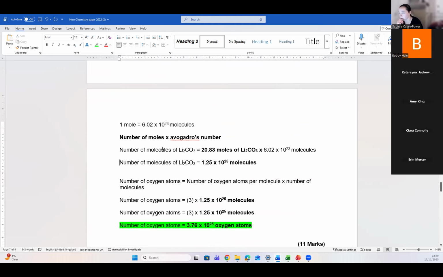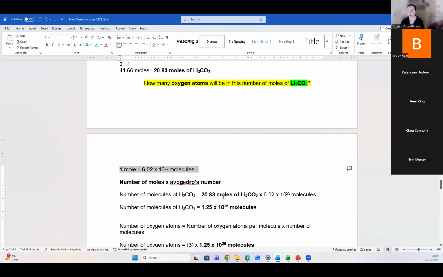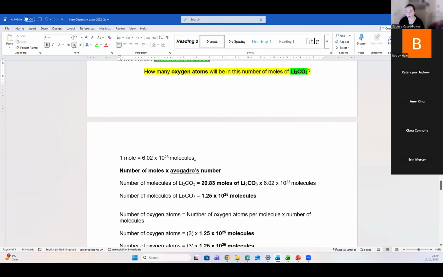Okay, so I'll go through it again for you, all right? This question is one of the more advanced of the questions, so it's kind of rare that this one will come up anyway, but I just wanted to cover it in case it did. What you will get attempt marks for here is that you've obviously worked out the number of moles from the previous parts of the question, so say that's where I got that number from, that 20.83. What you get attempt marks for here is if you were able to say 1 mole is equal to Avogadro's number.